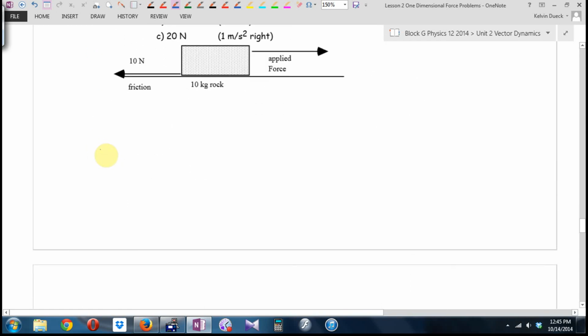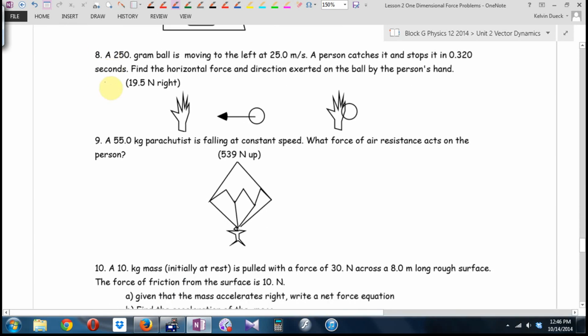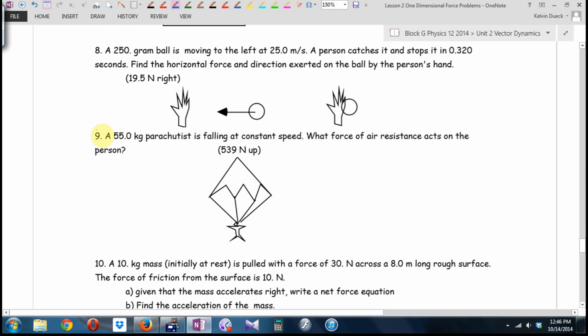So far I've assigned everything, I know. Spaceship, we'll do 7. Skip 8, 9 is good.